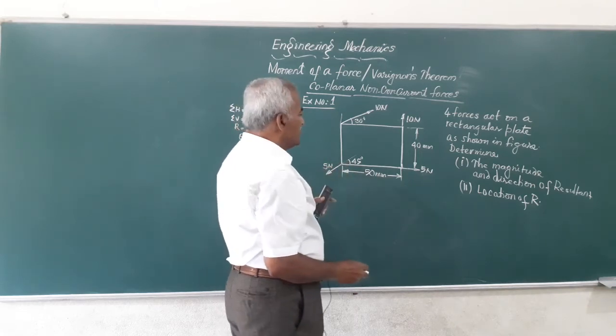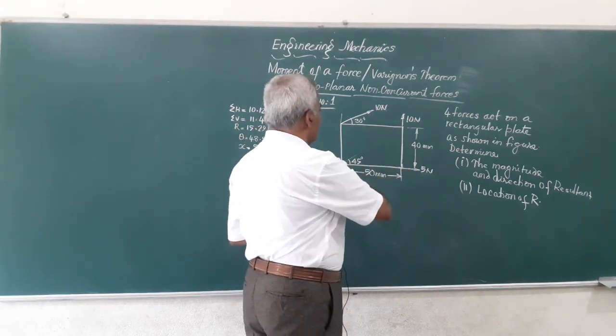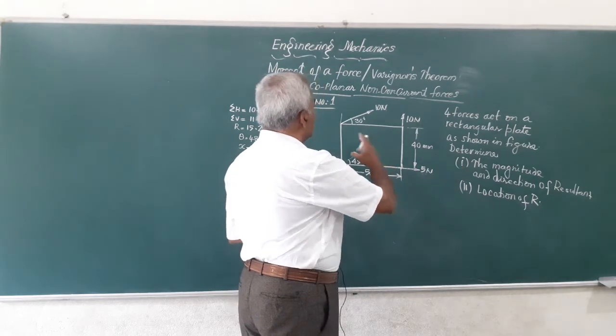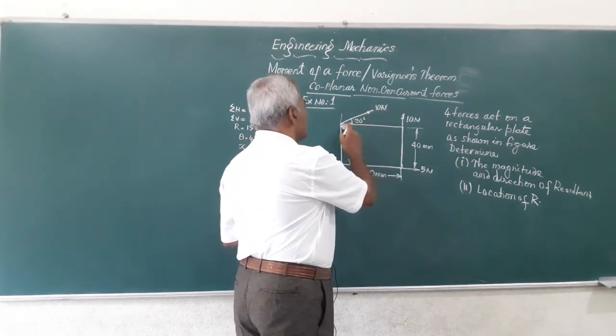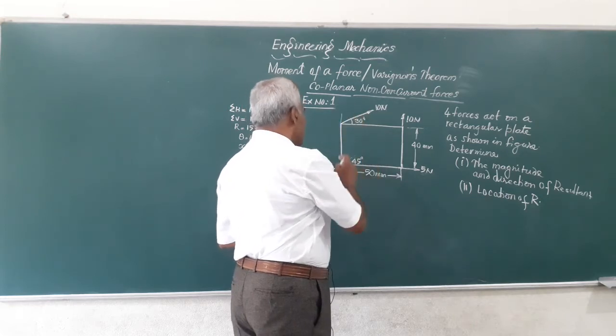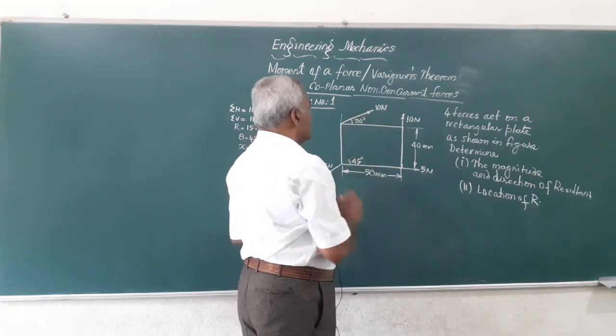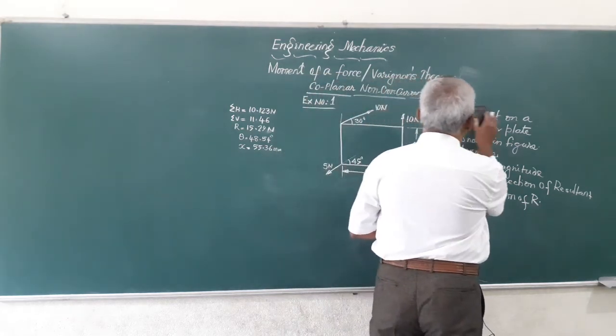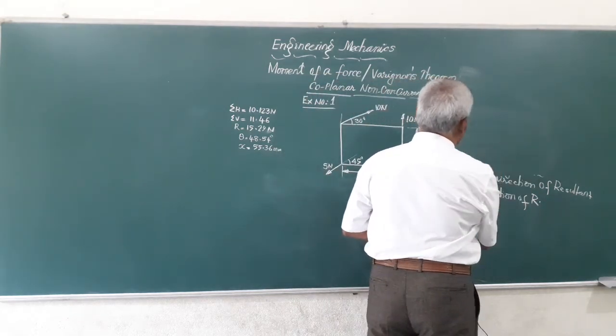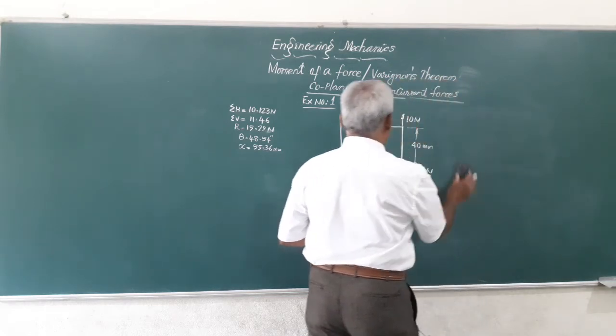So we will take up this problem separately and show the split components of this 10 Newton in the horizontal and vertical directions, similarly that of 5 Newton, and find out the summation of these forces in the horizontal and vertical directions.